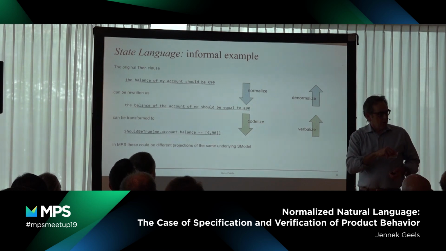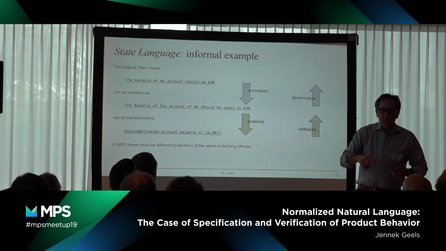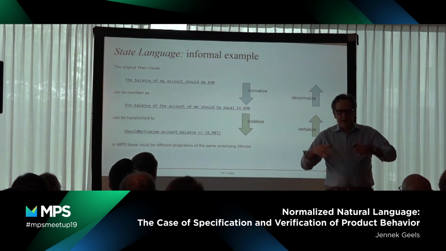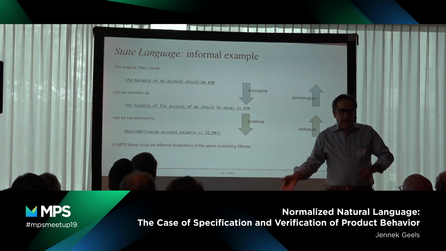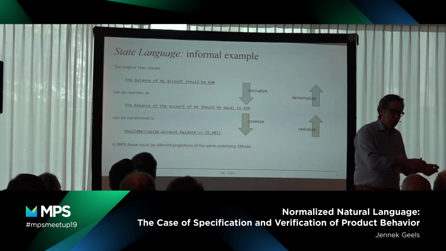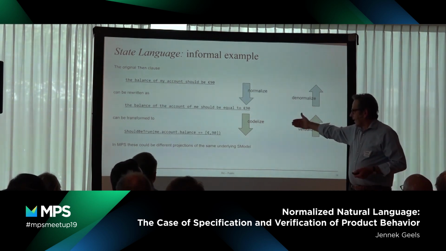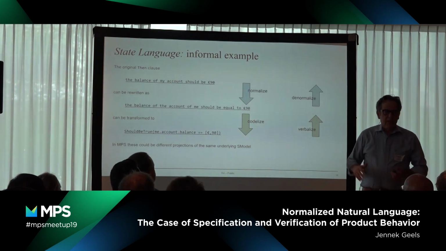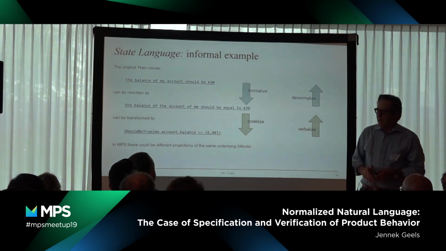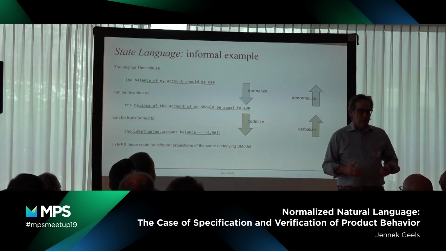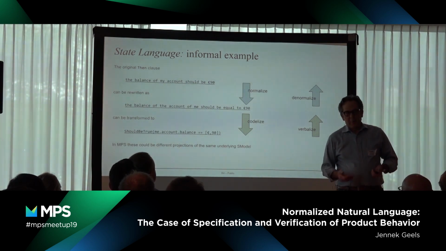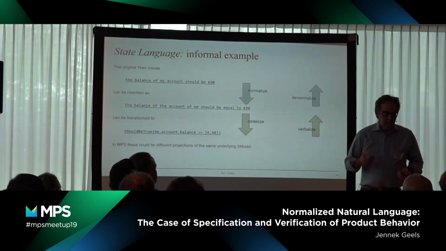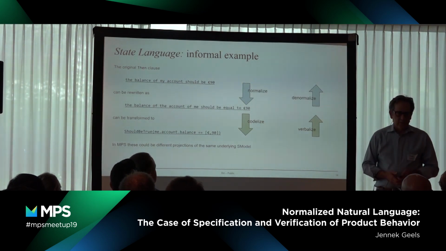But I need to go the other way. I need to talk with users who are in the free text world and gradually bring them to something more formal, without them being scared, without giving them a tutorial about what functions and state are, by having a natural conversation. And that to me is the process of normalization.